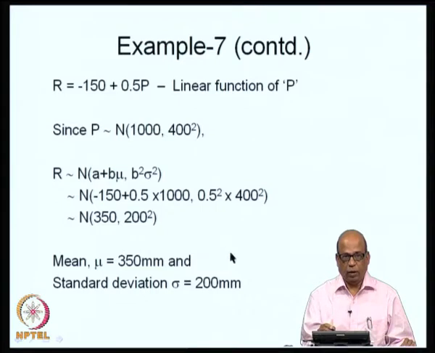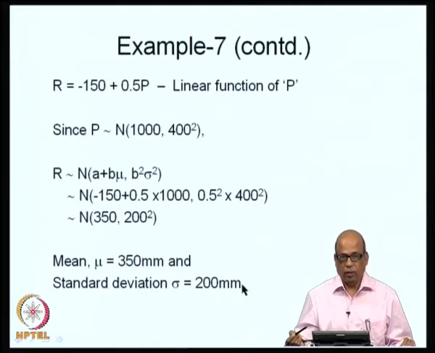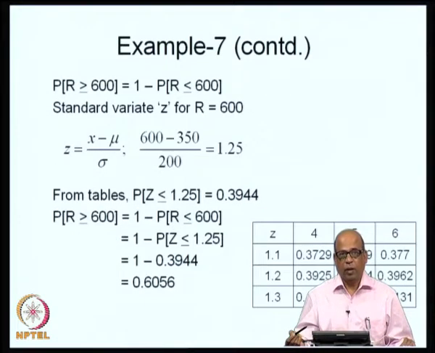So, we obtain mean and standard deviation by using simply the fact that a linear function defined on a normal random variable also follows normal distribution with mean given by a plus b mu and variance given by b square sigma square. So, we obtain the mean and standard deviation as 350 and 200 millimeters in this particular case.